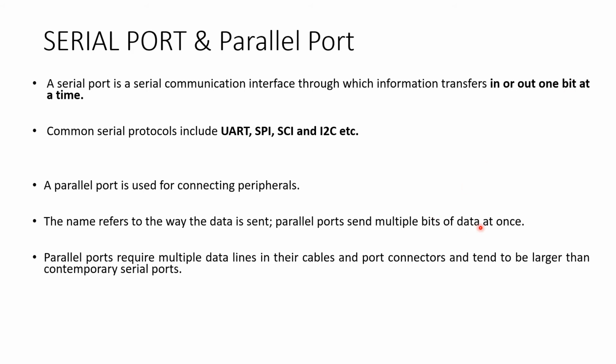For the time being, just understand that for enabling serial and parallel connections, we have serial ports and parallel ports, and by using certain sets of protocols, this communication works. In the second module, we will learn in detail about all these serial protocols and also the parallel communication standards.